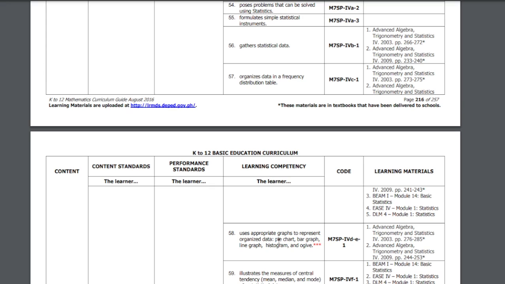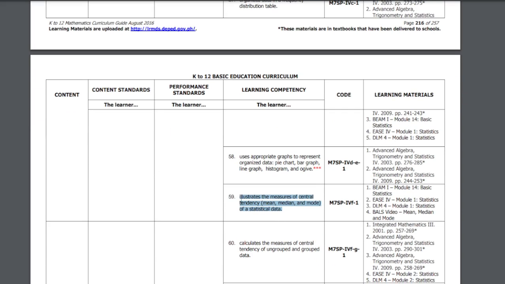So I'm going to illustrate the measures of central tendency, which are really, really important in statistics. I'm going to take my time here. Give you the mean, median and mode.